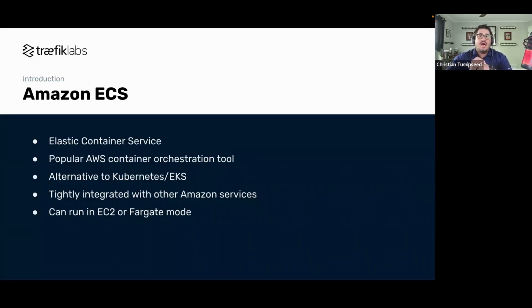For those of you who are new to Amazon ECS, there are some key things you should know. ECS stands for Elastic Container Service. As you can assume, a lot of our customers inherently deploy on things like Kubernetes.